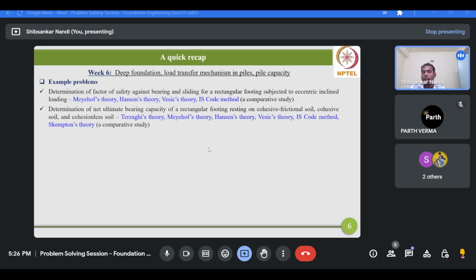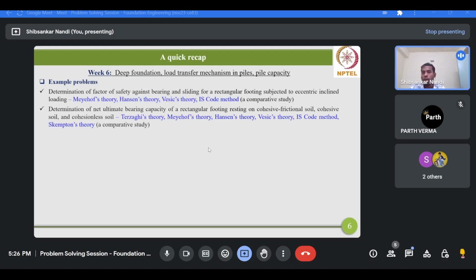Earlier in this course we have solved 1 or 2 problems with load applied at some eccentricity from the center of the footing cross section.